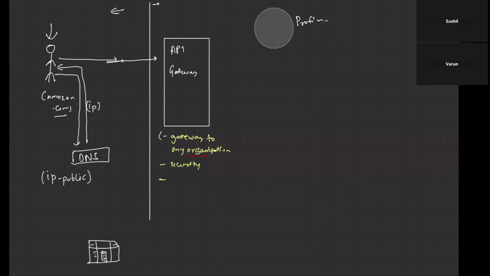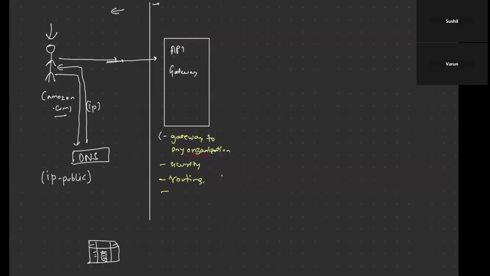So internal routing is done by the API gateway. Very, very important terminology: routing of API, that's the correct term. Now the API gateway internally has servers.